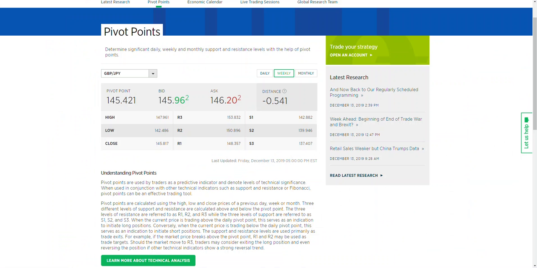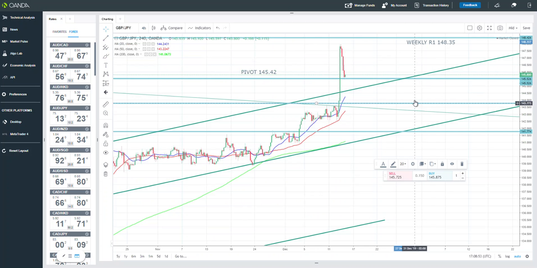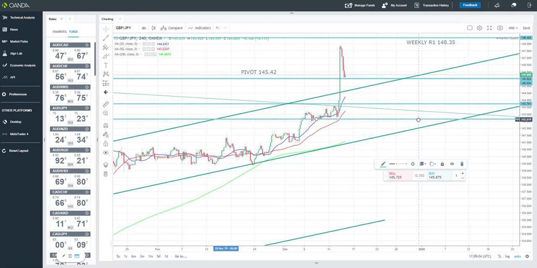Let's see what my weekly support one is. 142.88. So here's the line, our midline, 142.88. It's kind of down here. So let's go ahead and adjust this.